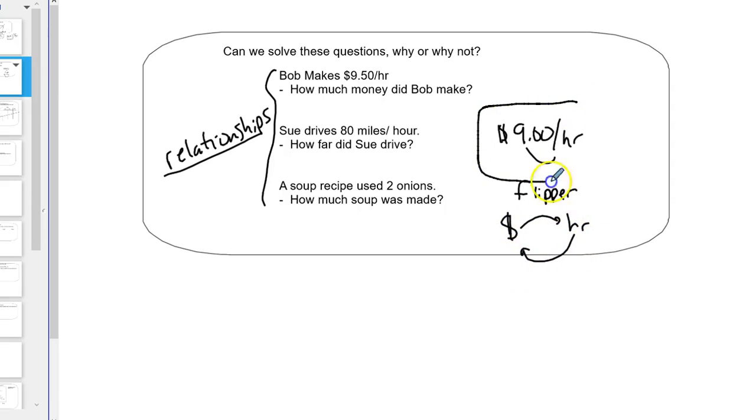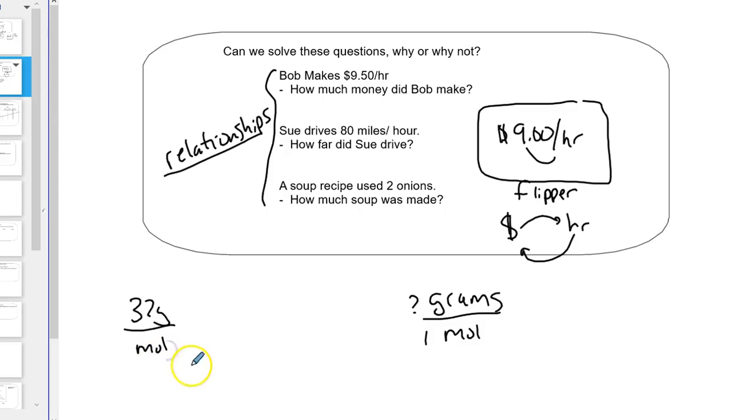So when you have a relationship, by itself it means nothing. If I give you something like grams per mole, it means nothing except that if you have 1 mole, you would have this number of grams. For example, 32 grams per mole.